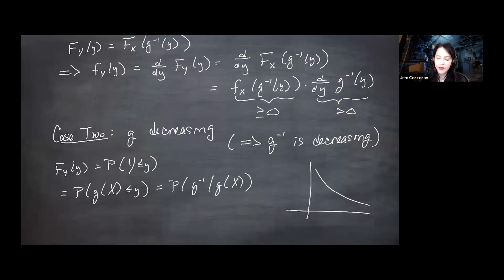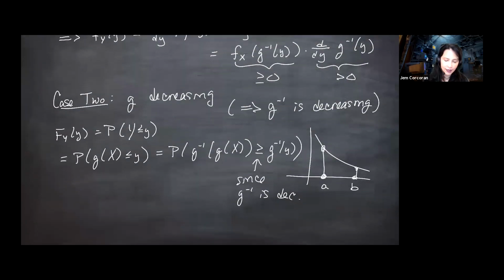If you have a decreasing function and you have one number smaller than another number, then when you evaluate the function, you get something bigger, which is going to make this inequality flip. So that flips since g inverse is decreasing. On the left side, I can cancel those g and g inverses.